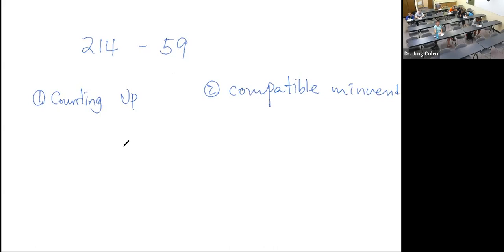I will randomly call your name, so you need to show me how you did it. Let's use the counting up strategy. Once you are done, think about the comparable number, so you're going to change the 59 to an easy number. Okay? So let's think about both of the cases.